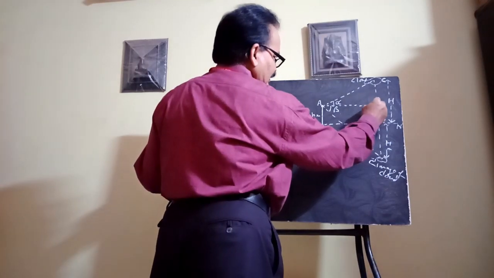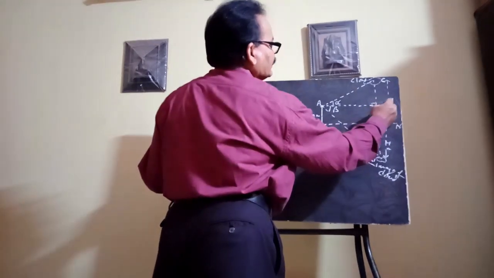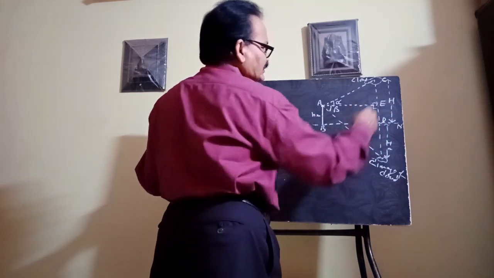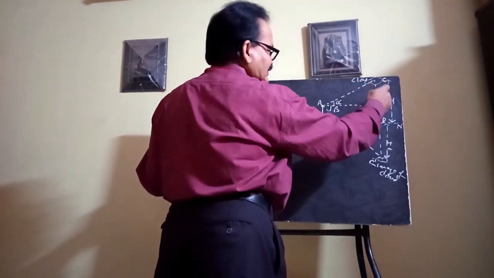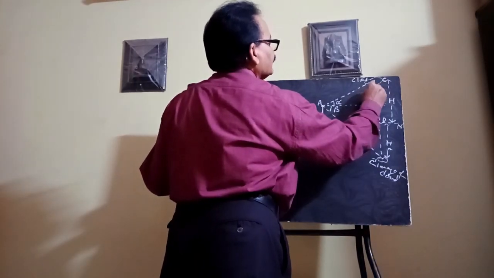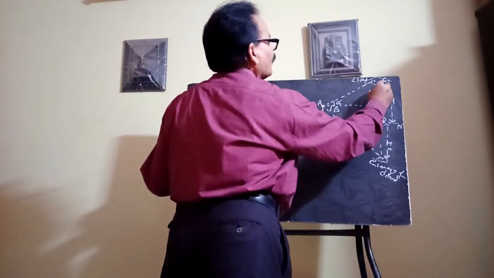Let this point be E. So CD is H, then CE will be capital H minus small h.